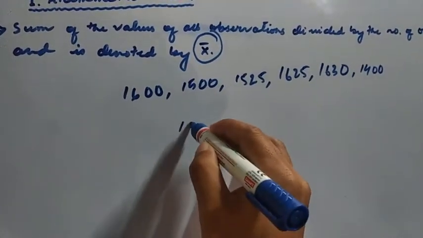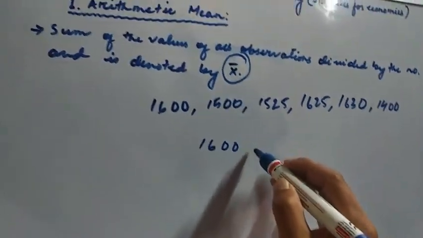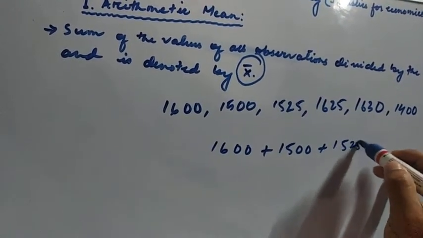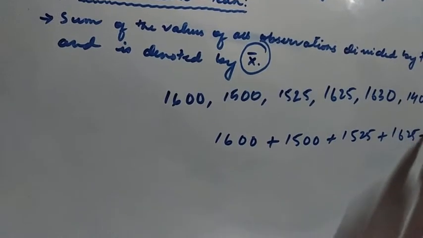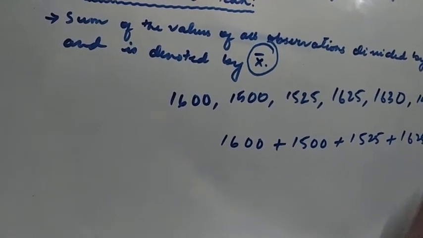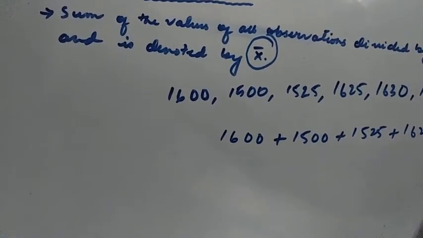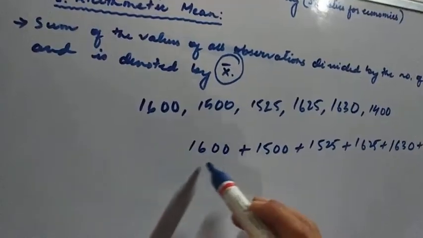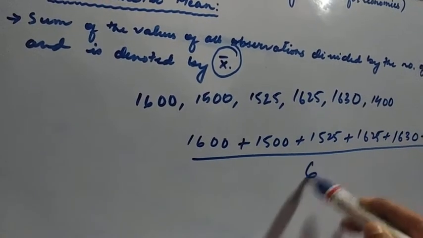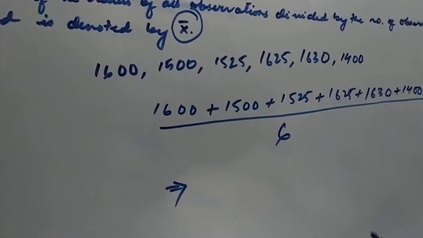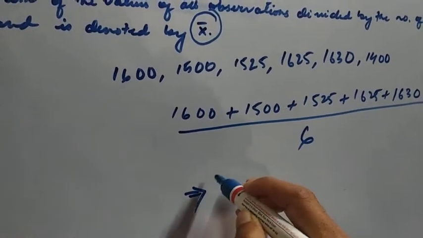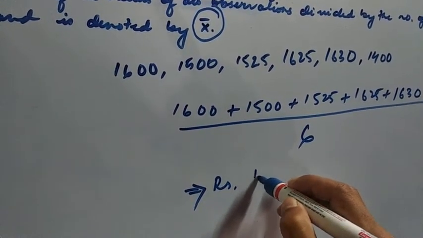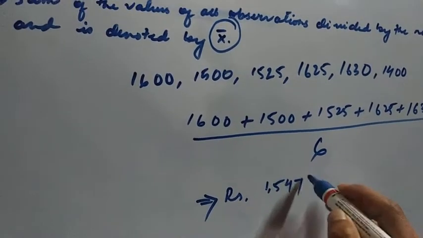So we add 1,600 plus 1,500 plus 1,525 plus 1,625 plus 1,630 plus 1,400, divided by 6, and what we get is rupees 1,547.